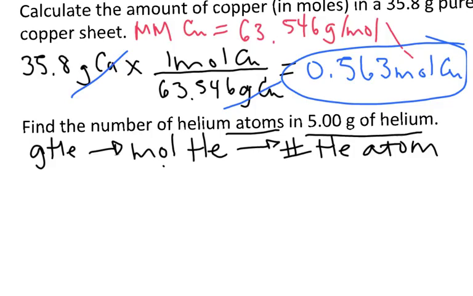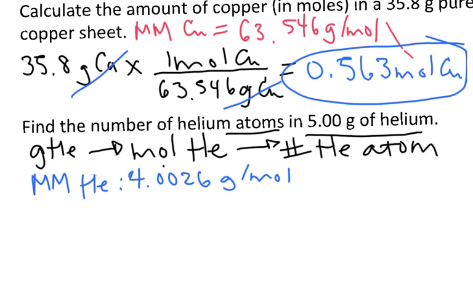So let's set this problem up. So helium is 2 on the periodic table. The molar mass of helium is 4.0026 grams per mole.